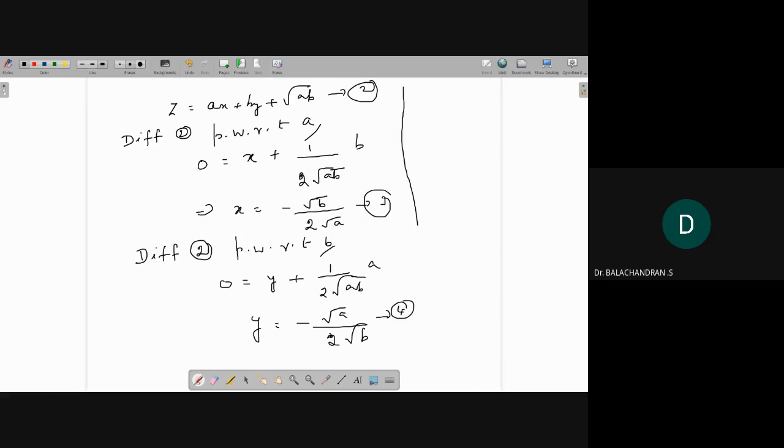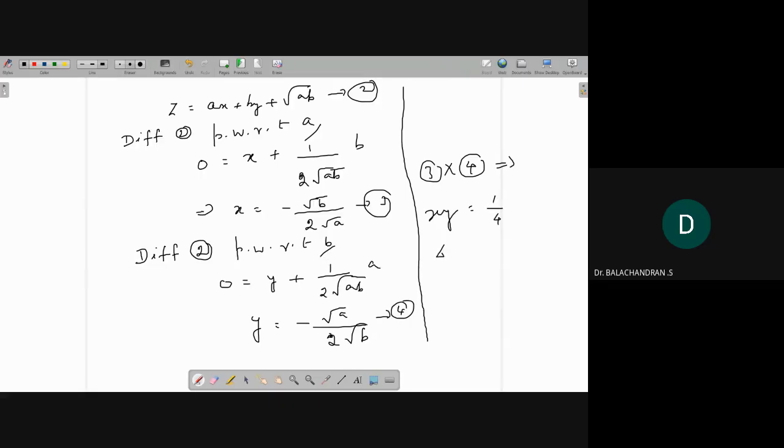Now, if you multiply equation 3 into 4, it gives you x into y. Here root b gets cancelled, root a gets cancelled, minus into minus plus, 1 by 2 into 1 by 2, 1 by 4.